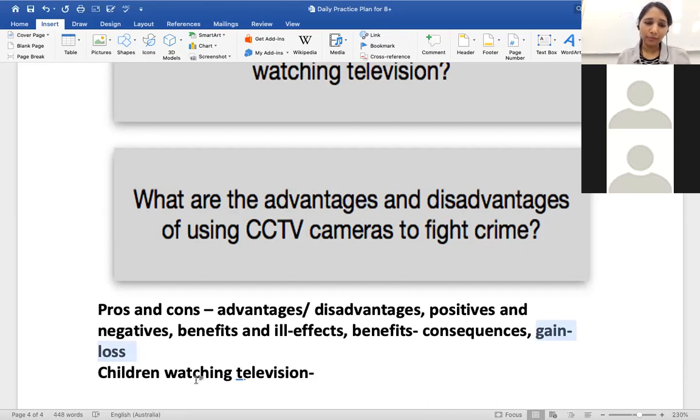So these are the different ways that you can express your question. So you yourself found it. I didn't do anything. You thought of it. Now, can you think of synonyms for children watching television? This is all your idea. I didn't even contribute.